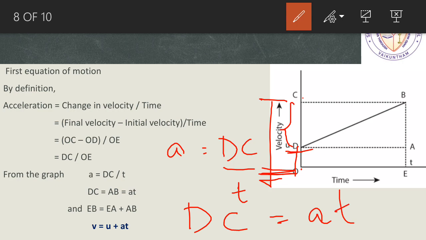And DC is nothing but AB, which is equal to AT.